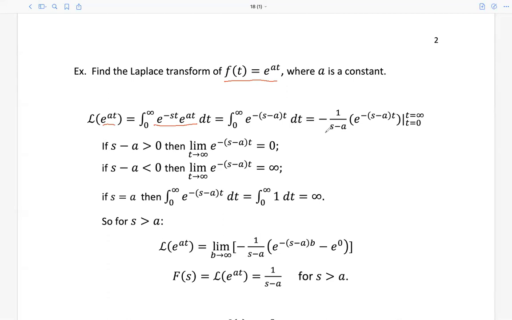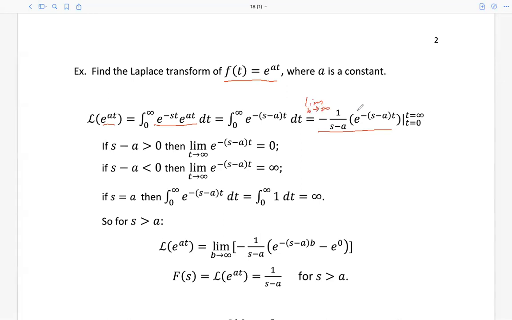We integrate that and get negative 1 over (s minus a) times e to the negative (s minus a) t. Then we evaluate from t equals 0 to infinity. Of course, we need to use the idea of a limit with a dummy variable b.